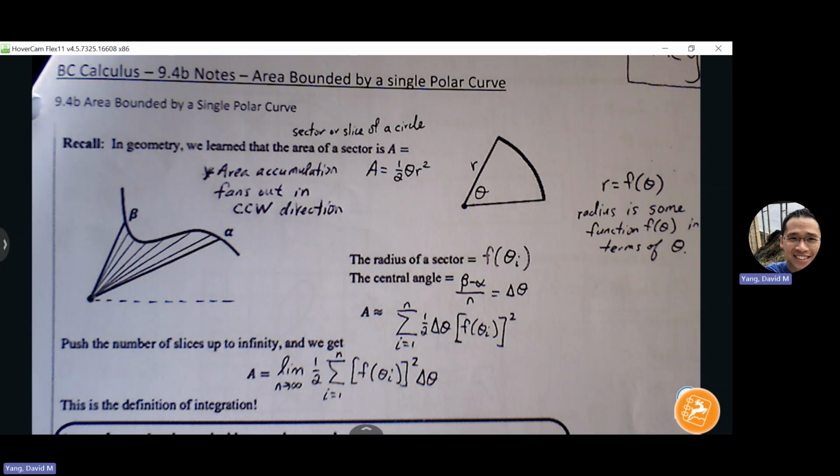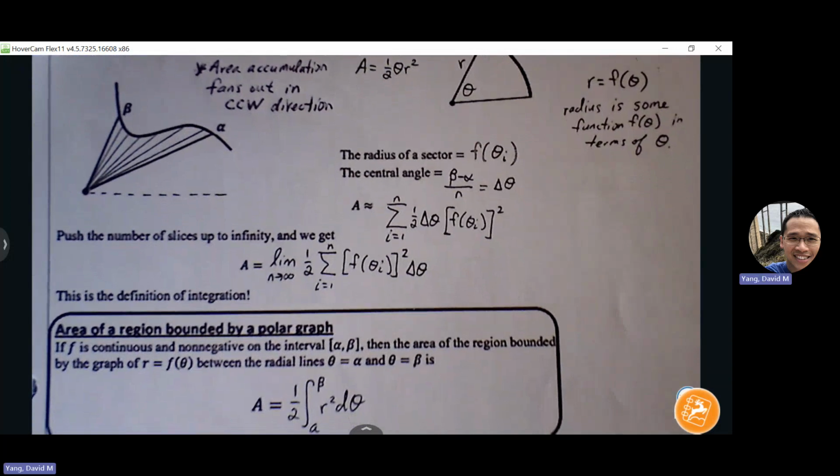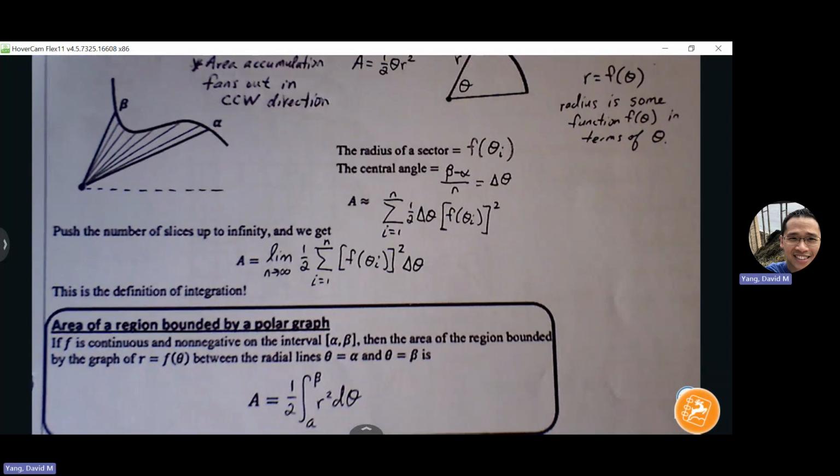And we're just basically adapting this into an interval formula. Ultimately, what we're going to be using is down here. Area is 1/2 integral of r squared d theta from alpha to beta, from theta 1 to theta 2.